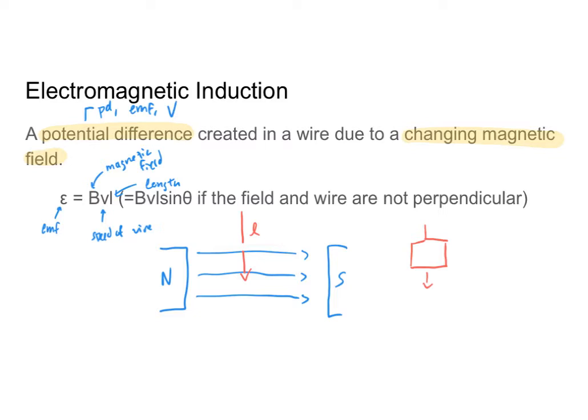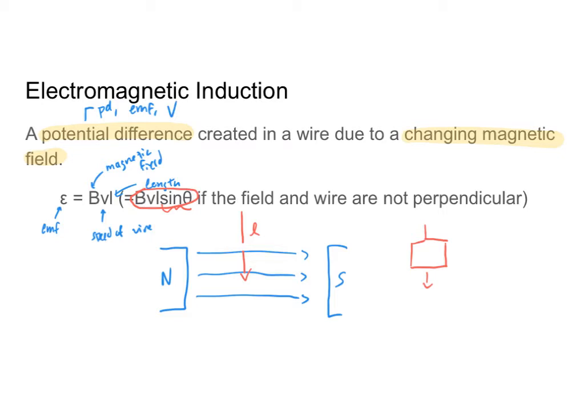I do want to quickly mention that we can also add in the sine theta term, with theta being the angle between the wire and the magnetic field, if the wire and magnetic field are not perpendicular. Remember that your magnetic field needs to be perpendicular to your wire for that magnetic field to induce a potential difference and therefore a current in the wire.